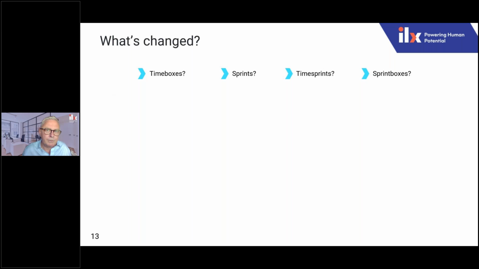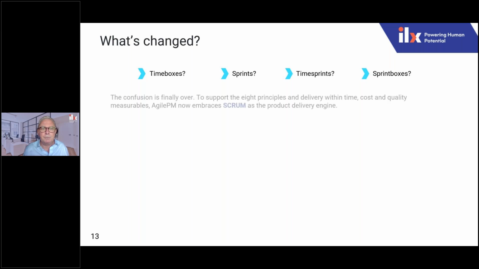RAD called them time boxes. Scrum called them sprints. There was always confusion because Agile PM version 2 referred to them as time boxes. But many people are used to using the term sprints coming from Scrum. Even if you don't use Scrum, it's unusual to see the term sprints being used.